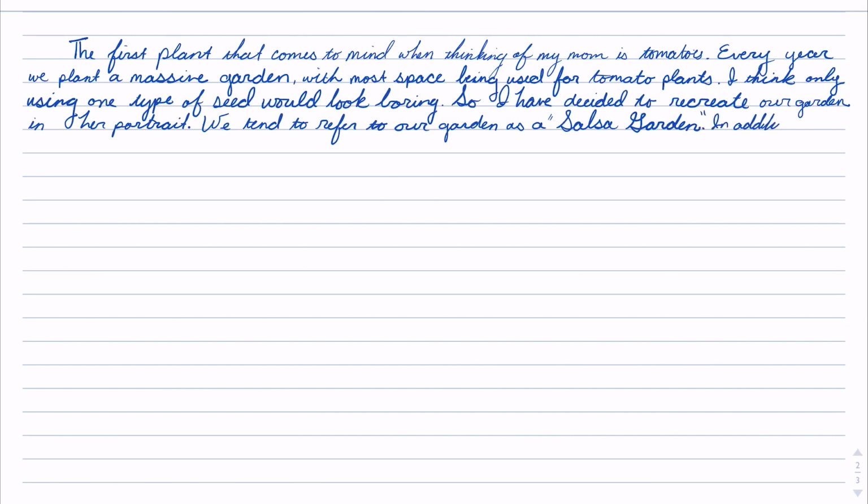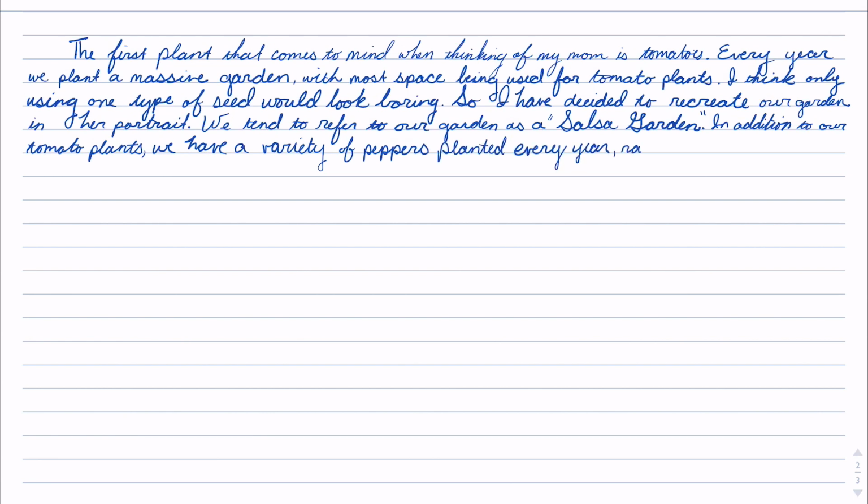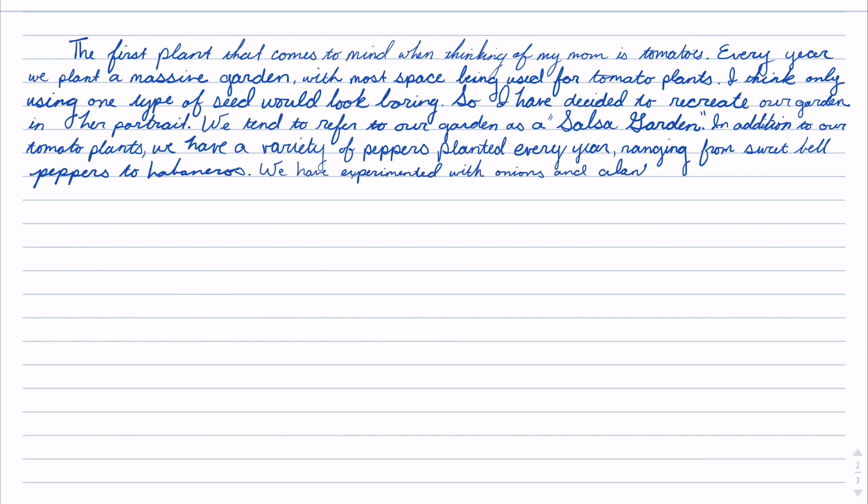In addition to our tomato plants, we have a variety of peppers planted every year, often ranging from sweet bell peppers to habaneros. We have experimented with onions and cilantro in the past, but those are often hit or miss.